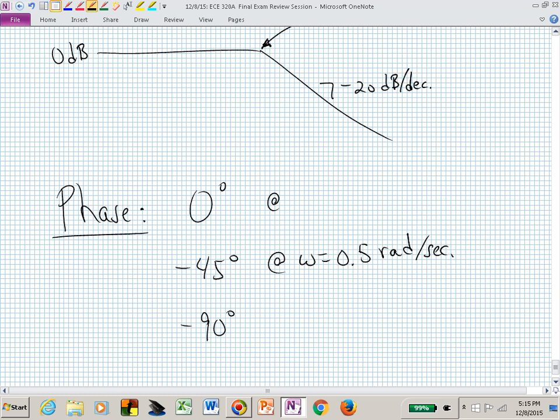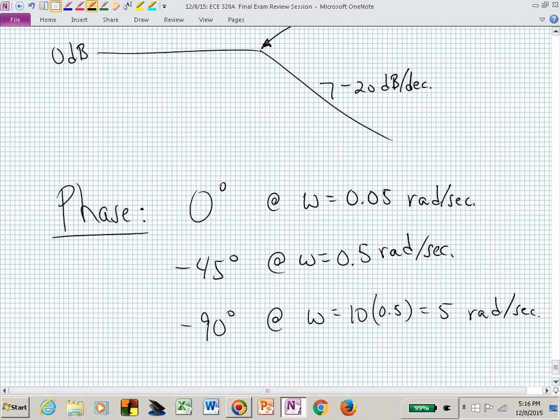This is now 0 up until omega equal 0.1 times 0.5, and we're minus 90 thereafter, 10 times 0.5, or beyond 5 radians per second.